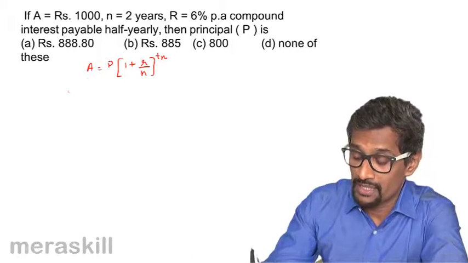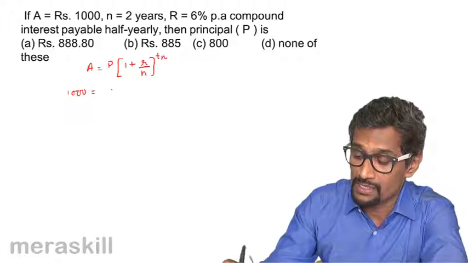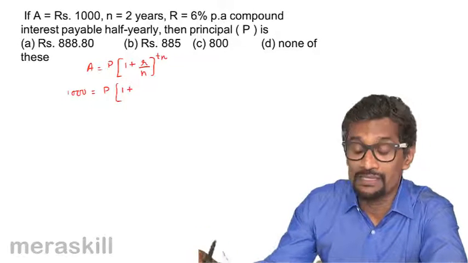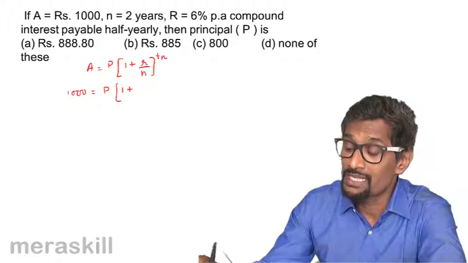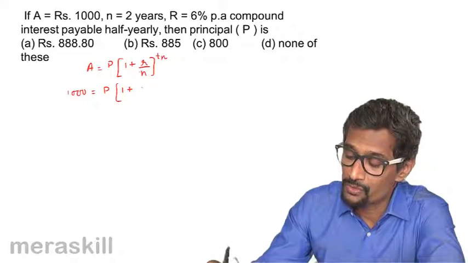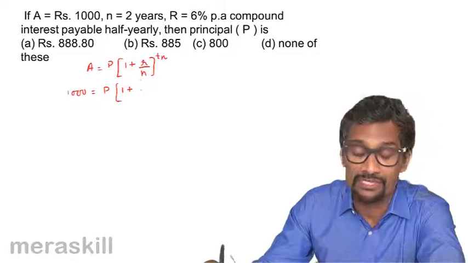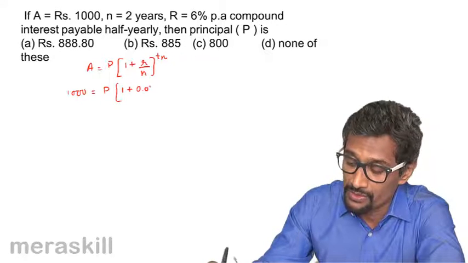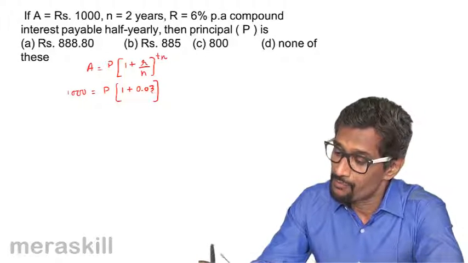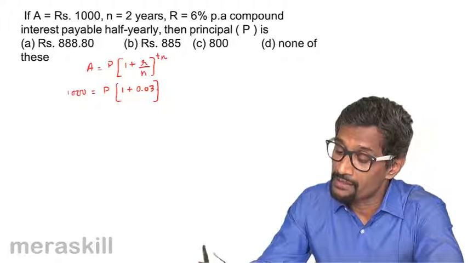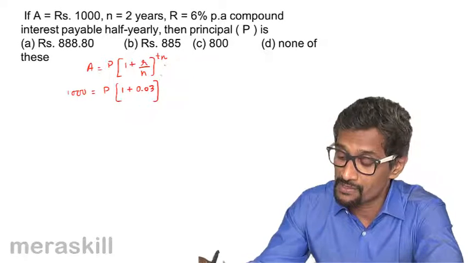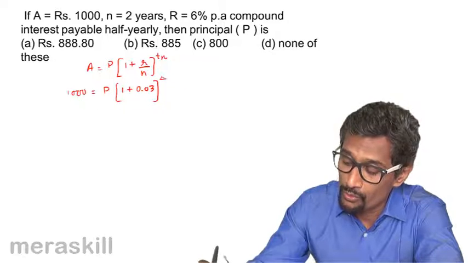So in this case 1000 is equal to principal, we do not know, times 1 plus R. R is 6%, which is 0.06, and you have to divide by 2 for half years. So it's going to be 0.06 divided by 2, that is 0.03, raised to NT. Then N is equal to 2 years. So in 2 years, there are 2 half years per year. So it's going to be 2 into 2, 4.